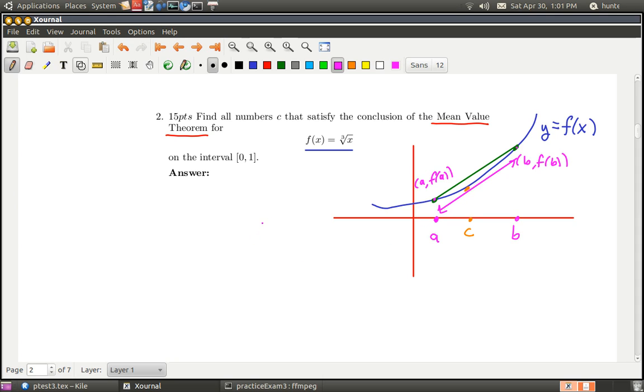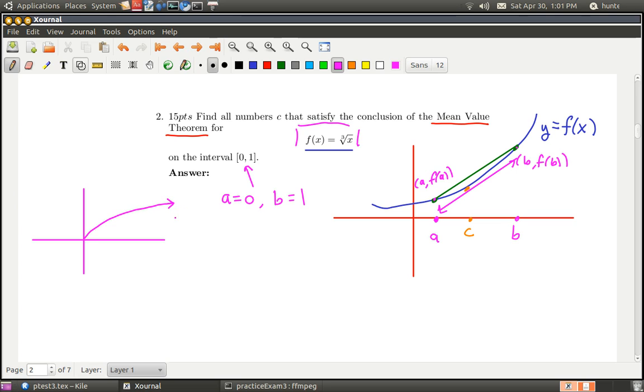So for this function, we are going to actually find a c in this interval that makes this true. They want us to use a equals 0 and b equals 1. I don't know if you know what the graph of the cube root of x looks like. It's not necessary to do the problem, but it looks like this.